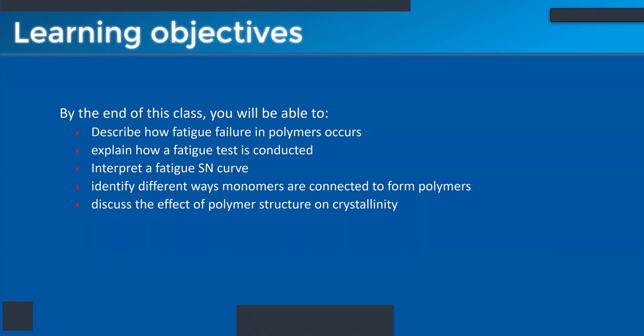How do we assess fatigue? We're going to look at a fatigue test and then something called a fatigue curve, an SN curve. And then we're going to jump into our discussion about building vocabulary around polymers. So talking about how polymers are put together using monomers and how we can predict things about polymers' properties by knowing their crystallinity.